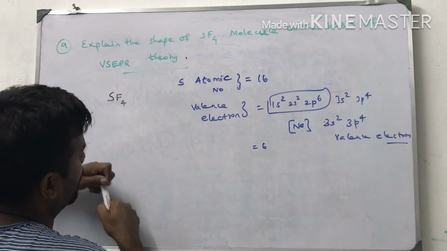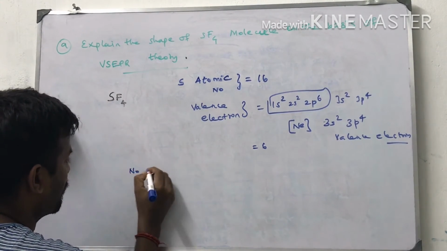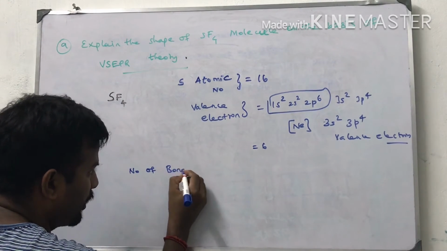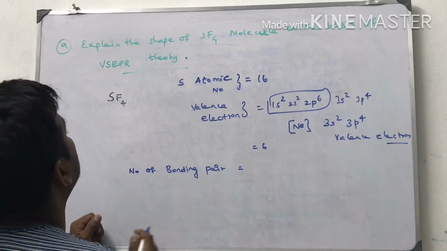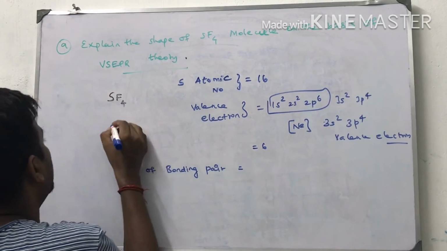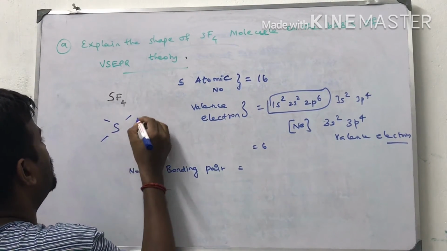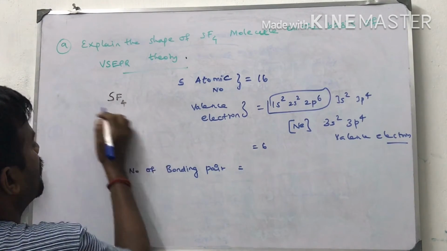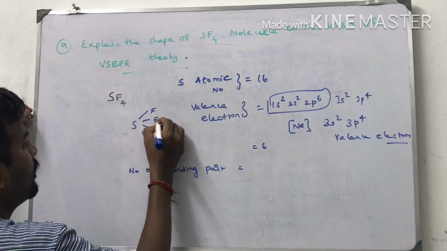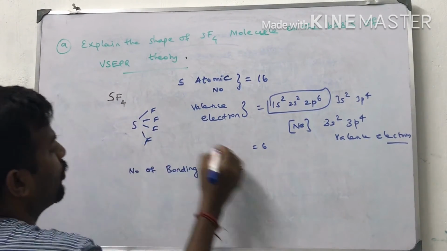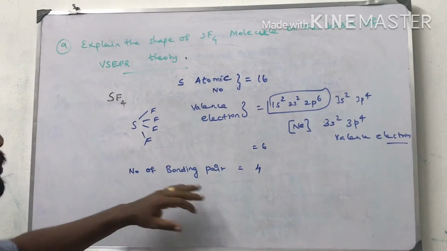Now bonding pairs, number of bonding pairs. How many bonding pairs are present in SF4? There are 4 fluorine bonded. That I will teach you the shape. There are 4 bonds. So how many bonding pairs? Okay.